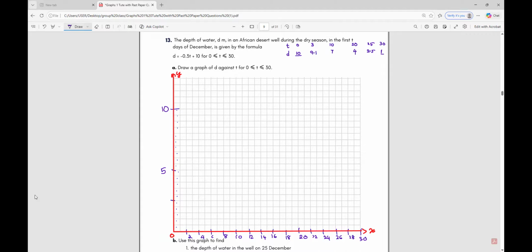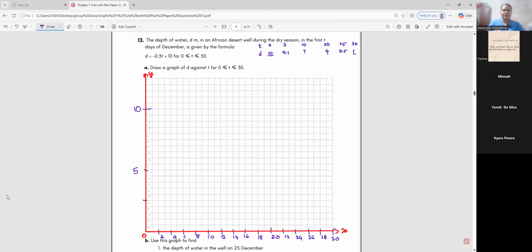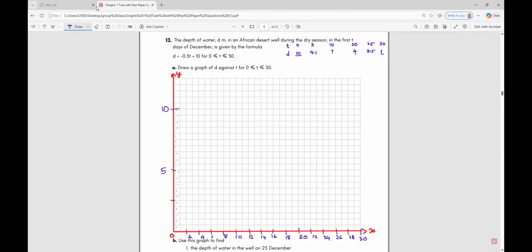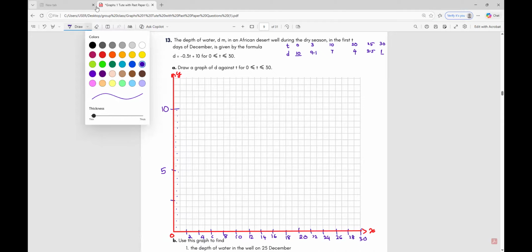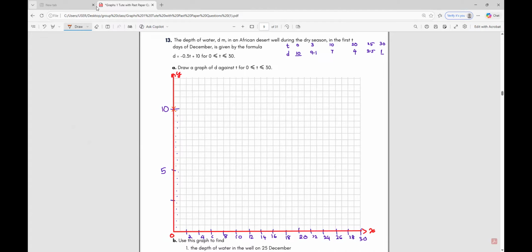When t is equal to 0, x is 10. Here, mark the point. T equal to 3, height is 9.1. So we are not sure about that. Keep that, go to the next one. 10 is 7.